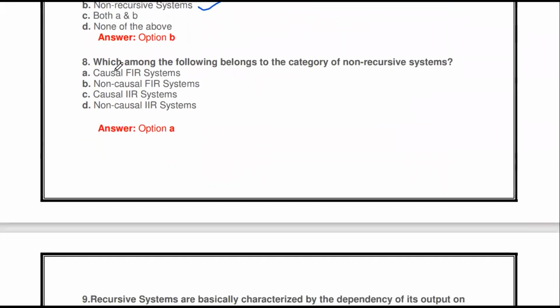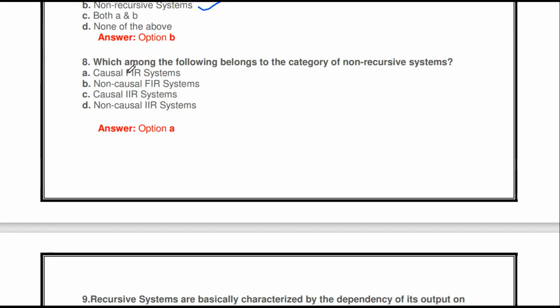Okay. Then the next one: which among the following belongs to the category of non-recursive system? Causal FIR, non-causal FIR, causal IIR, non-causal IIR. FIR, IIR, you already know: FIR means finite impulse response system, IIR means infinite impulse response system.